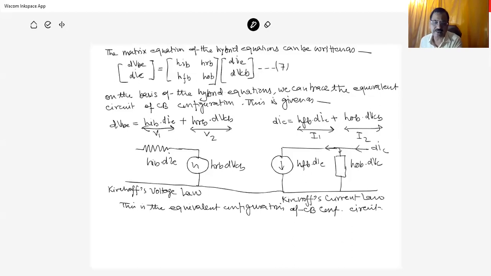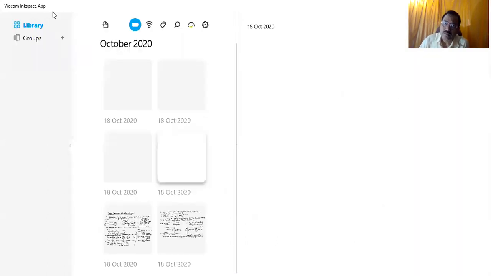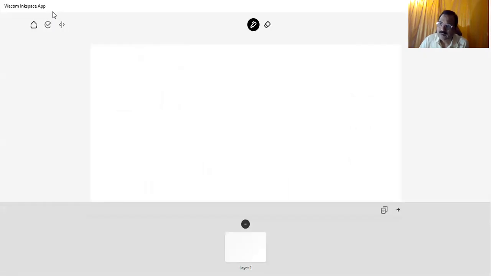The total current and the total voltage can be summed up with the given formulations, and these formulations are written as, let us see the next part of this from the CE configuration.